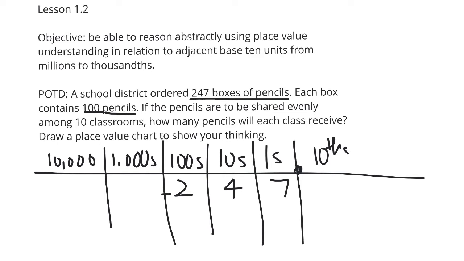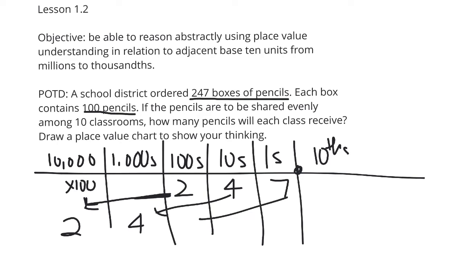So when I'm multiplying by 100, it gets shifted to the left 2 places. Okay? And then I fill in the rest with zeros. Okay, so how many pencils do I have? 24,700. Very good.